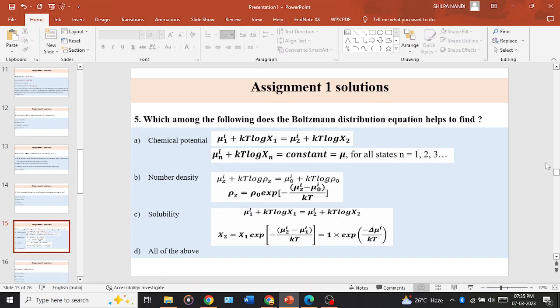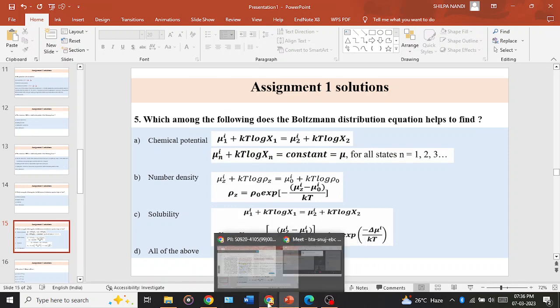So it helps to find the chemical potential. You can replace x1 and x2 with number density, that is rho z and rho naught. So the equation will then convert as mu plus kT log rho z is equal to mu naught plus kT log rho naught. And also for solubility, x1 is for phase 1 and x2 is for phase 2.